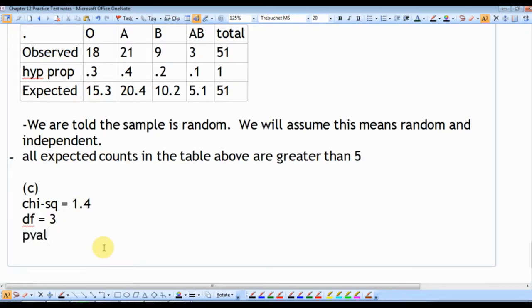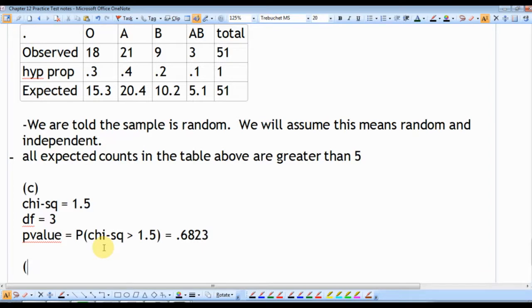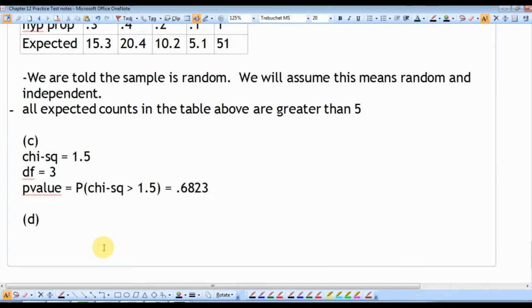And the p-value is equal to the probability that chi-square is greater than 1.53, which is 0.6823. Is that everything?